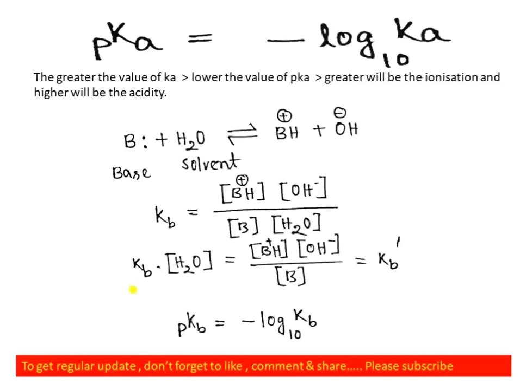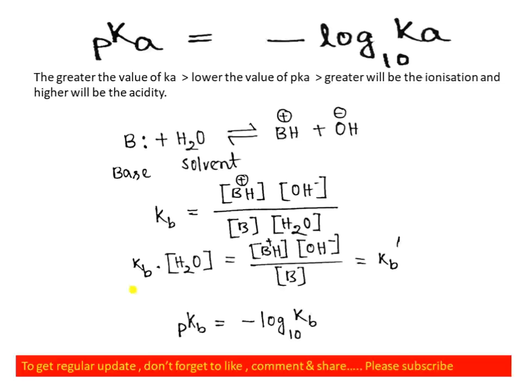And again, combining the concentration of H2O on the left hand side with Kb, we get another constant Kb prime. Here both Kb and Kb prime are called the dissociation constant, as the concentration of H2O is constant.